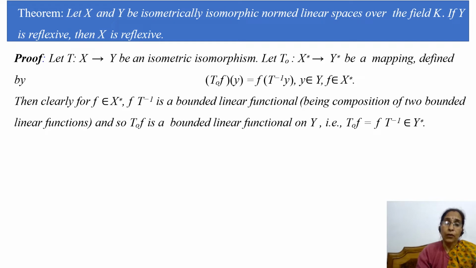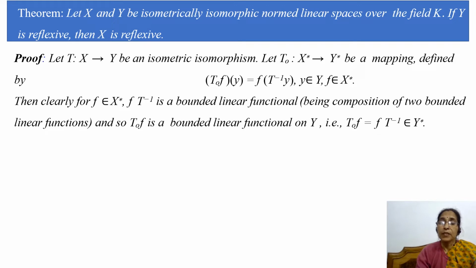And here we also note that since F belongs to X star, this is a bounded linear functional, and since T is an isometric isomorphism, we know that it is a homeomorphism, so T inverse is continuous, and that means T inverse is a bounded function. And we know that composition of any two bounded functions is also a bounded function, and so F composition T inverse is a bounded linear functional. Why?